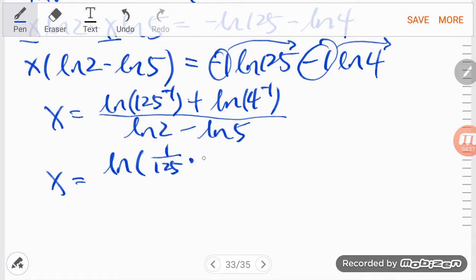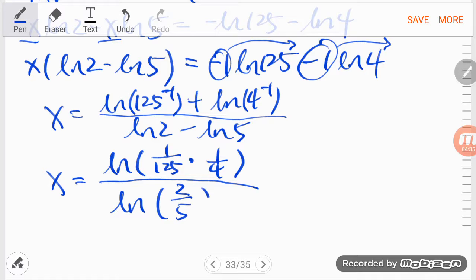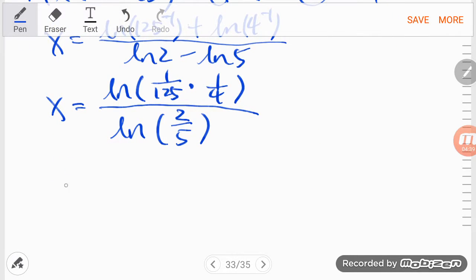And last step, 1 over 125 times 1 over 4 gives us 1 over 500. So I have ln of 1 over 500 over ln of 2 over 5. The question said my x should be in that form.